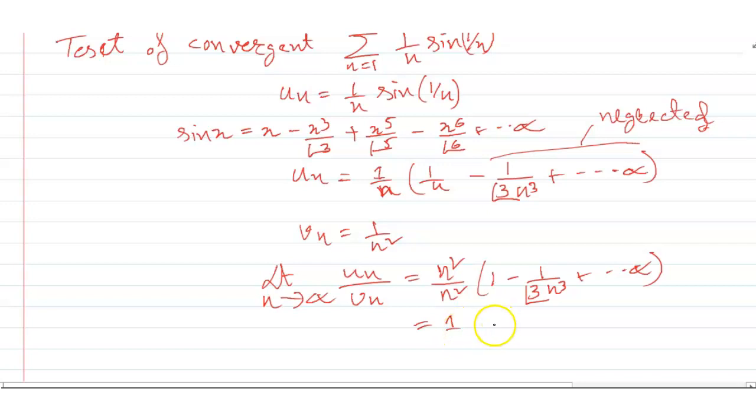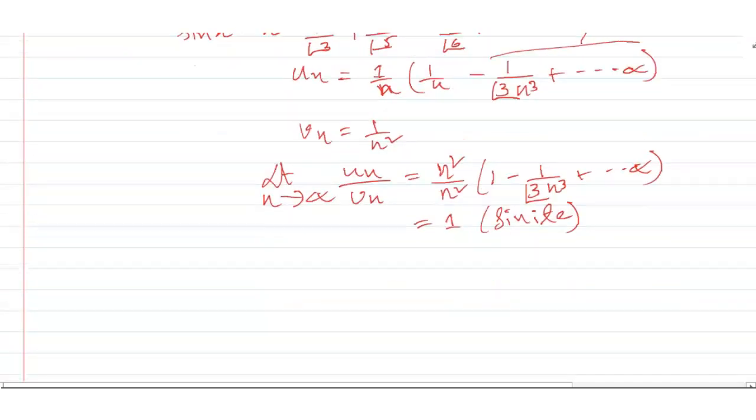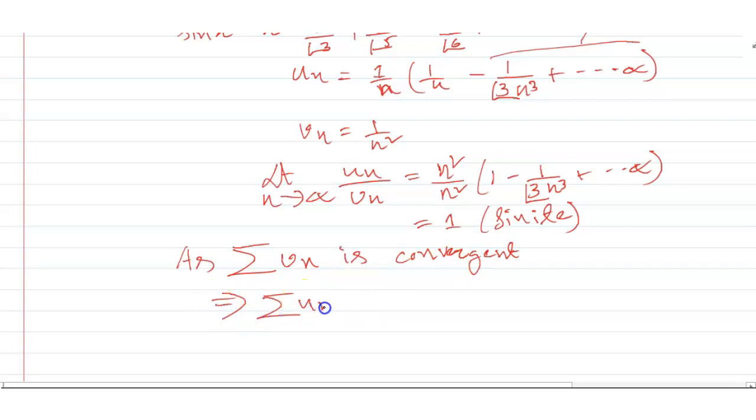So friends, we see this value is finite, and summation Vn is convergent, that implies summation Un is convergent by comparison test.